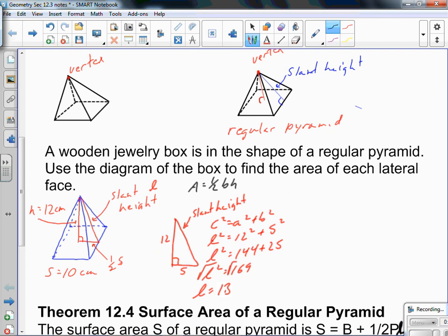So now we can plug into the formula. A equals 1/2. The base is 10. And the height is 13. So 1/2 of 10 is 5. 5 times 13 is going to be 65, and the units are centimeters, so centimeters squared.